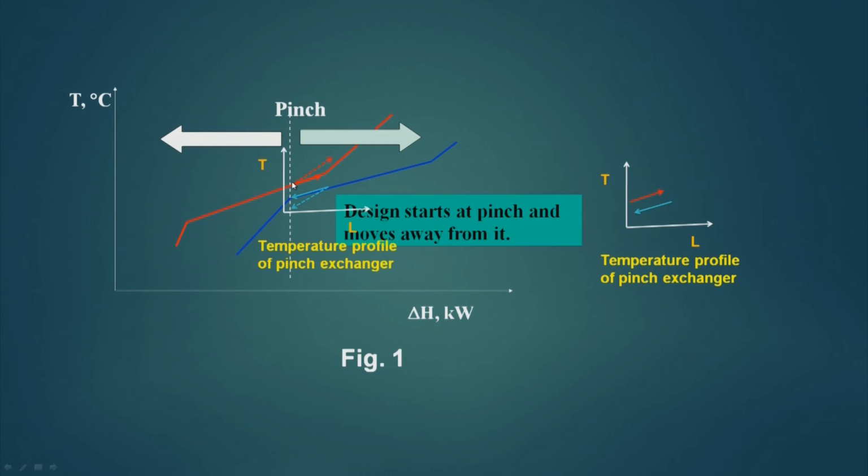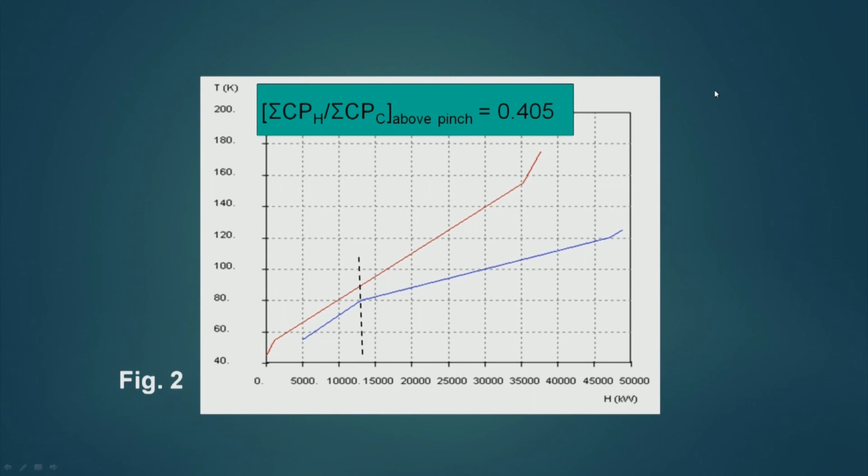That means, if Cp hot by Cp cold, the ratio is equal to the ratio at pinch, then we should place that match. If it is deviating much, we should not place that match. This will be more clear from the next example.